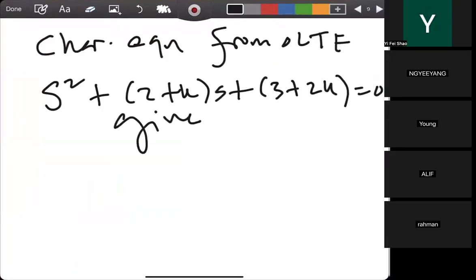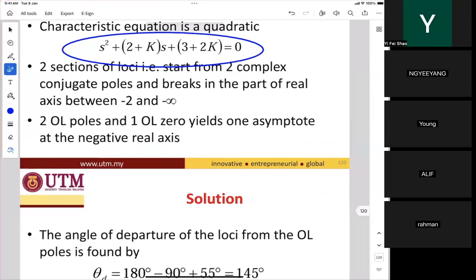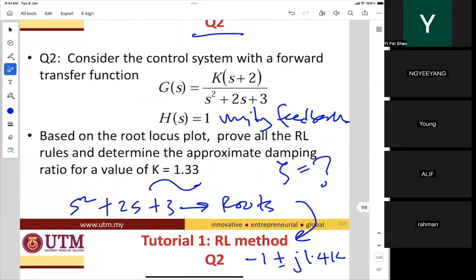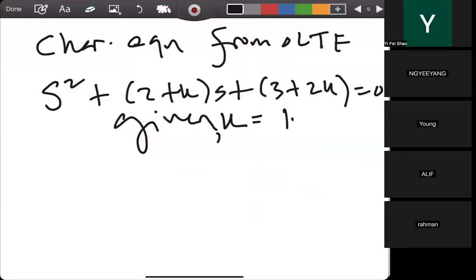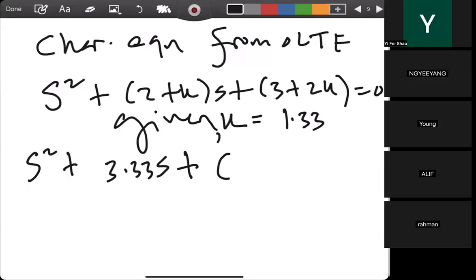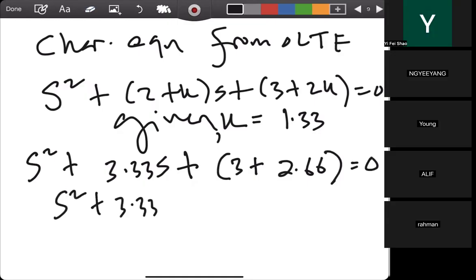Given K equal to 1.33, 2 plus 1.33 is 3.33S, correct? 3 plus 2K is 3 plus 2.66, which is 5.66, correct? So 3.33S plus 5.66 equal to 0.